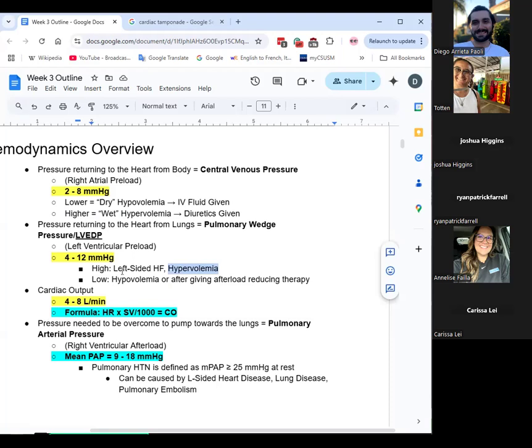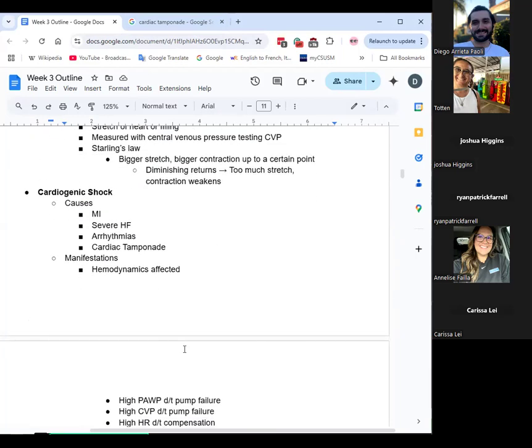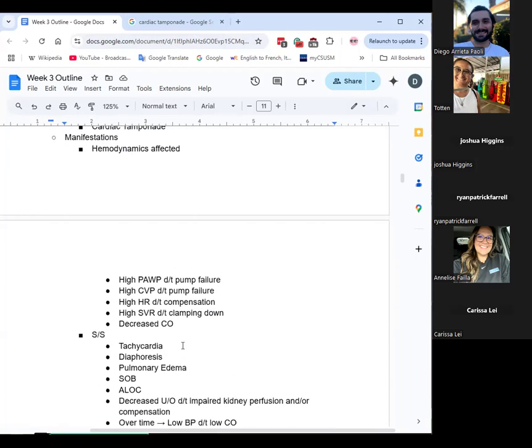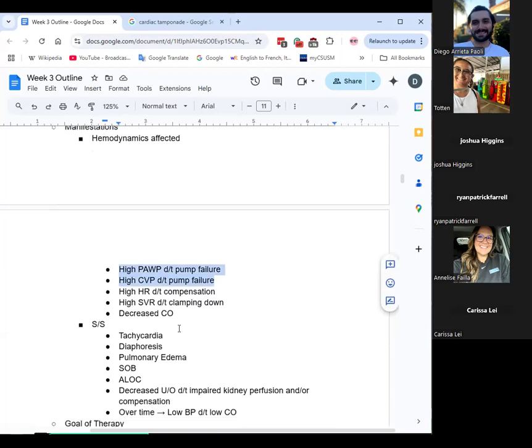So you end up having an increase of both the CVP and the PAWP. Just similar to the cardiogenic shock. It's going to be the same rationale, pump failure.